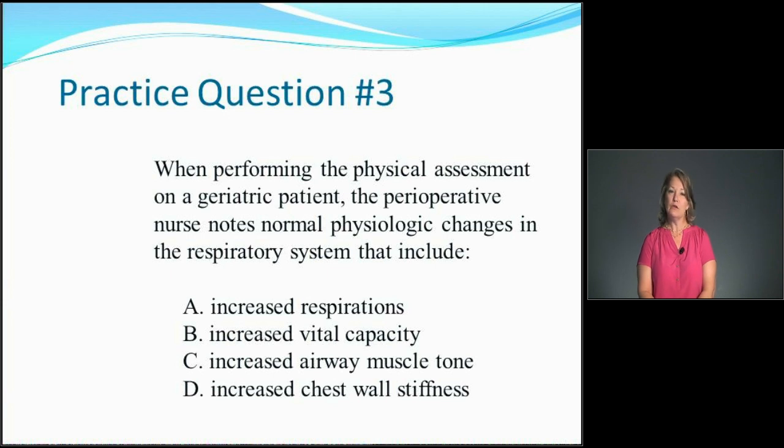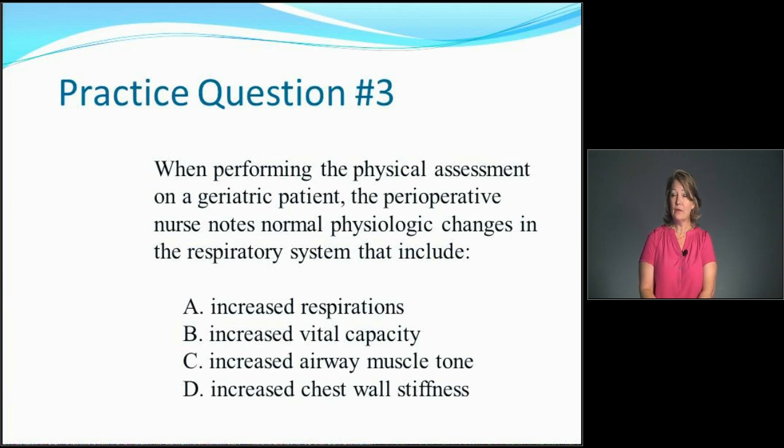So C, increased airway muscle tone. Well, unless a geriatric patient tries really hard and works out on a regular basis, there's actually no muscle in their body that increases in tone. So C is incorrect. And that does leave us with D being the correct answer. That geriatric patients do have increased chest wall stiffness. They don't have as much compliance in their chest wall.